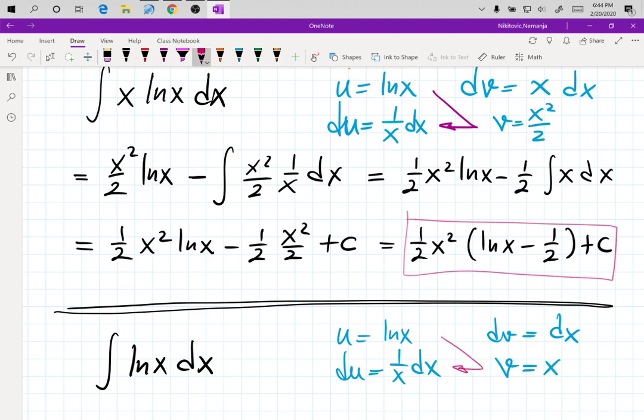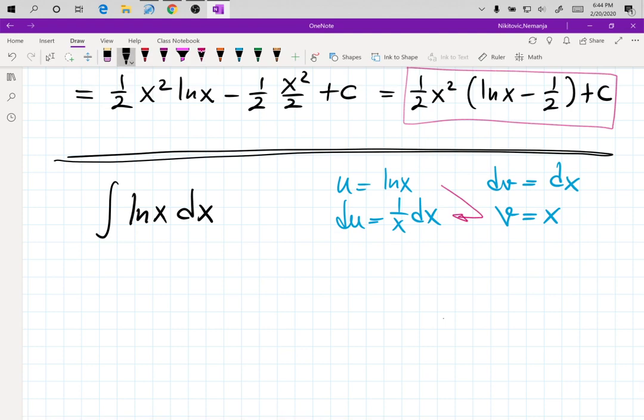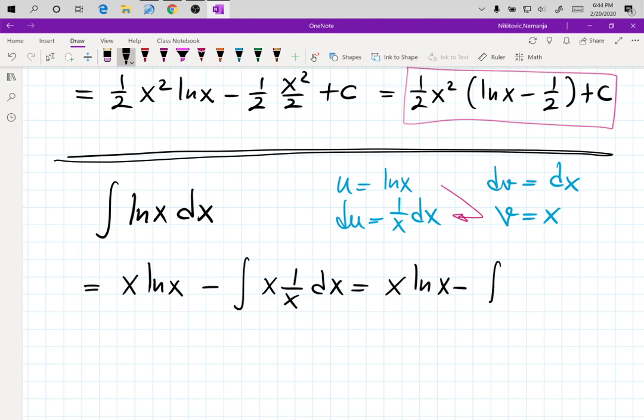Hit this with the arrow. We have x ln x minus the integral of x times 1 over x dx, which is x ln x minus the integral of dx, which is what? x ln x minus x plus c.